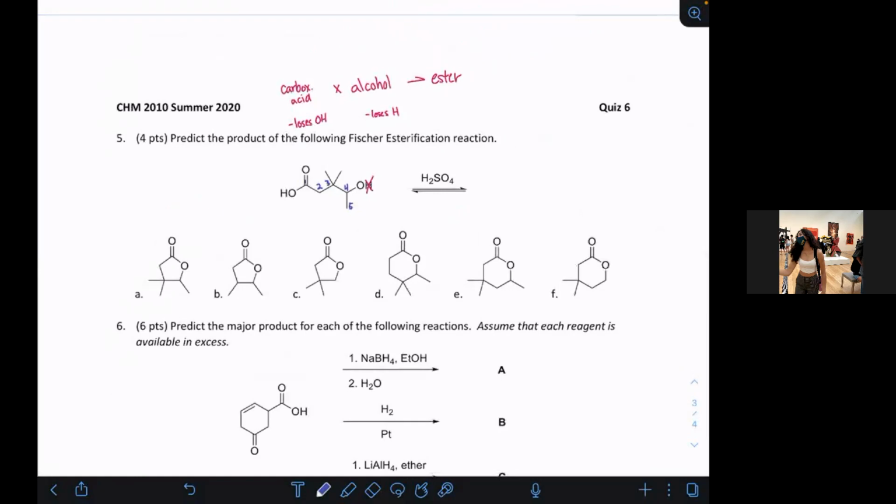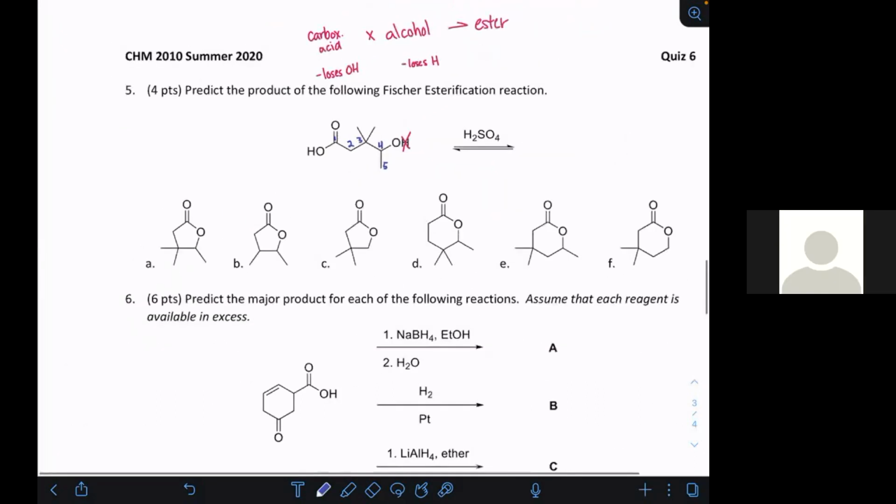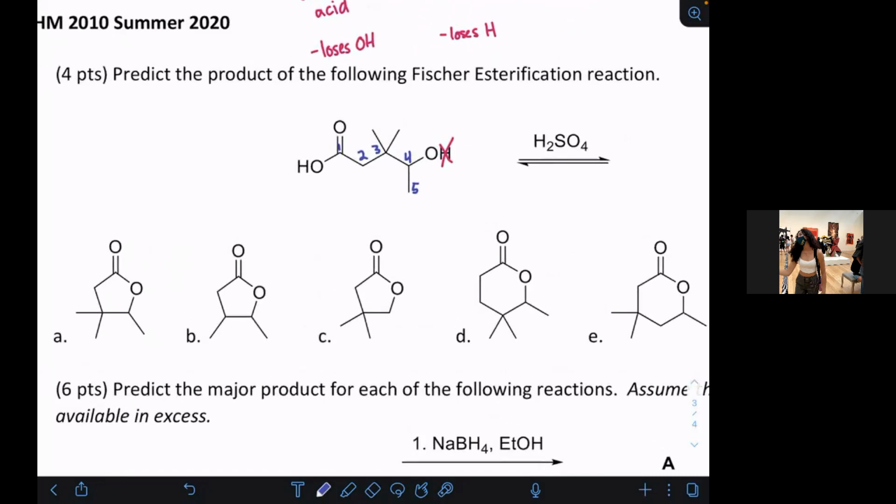I'm so confused. I think you're right. The O is in the ring as well, so that's like the 5th. I thought I would end up with a 5 right here, but I guess not, because I think the 5 is gonna end up a methyl, the way I have it.